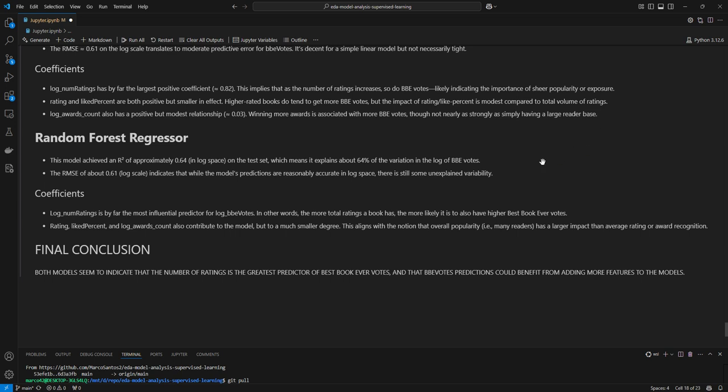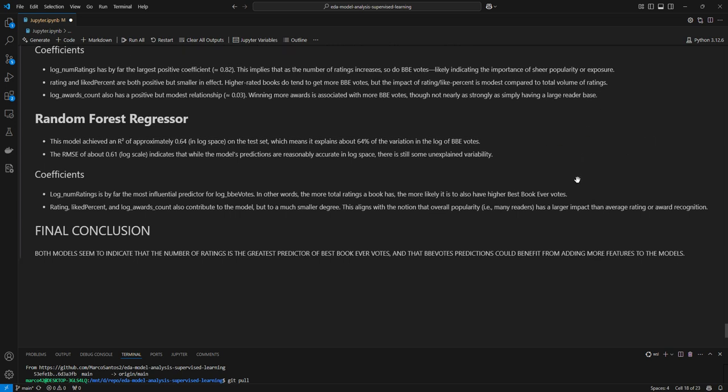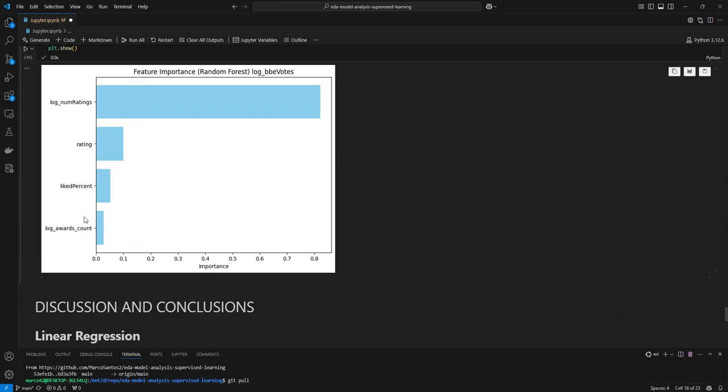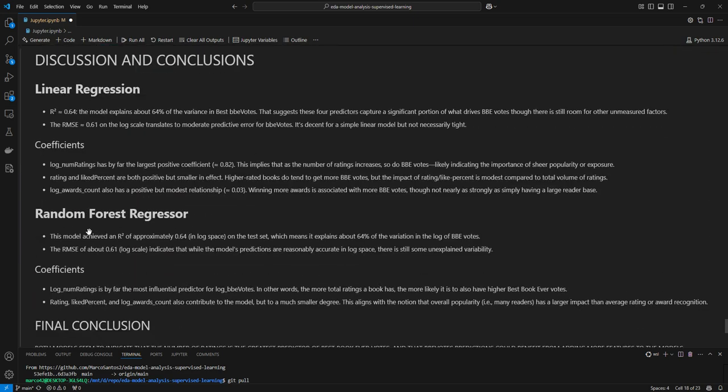So we are seeing the same results here for both models. For the coefficients, again, number of ratings is by far the most influential predictor for the log of the BBE votes. Rating, like percent, and log awards are also positive, but they have a very small prediction value.